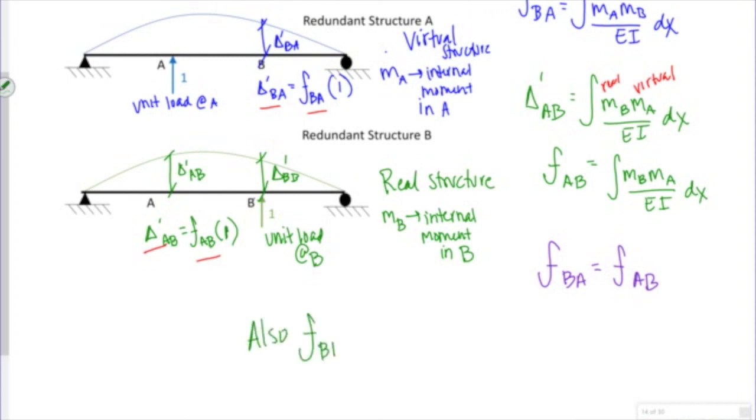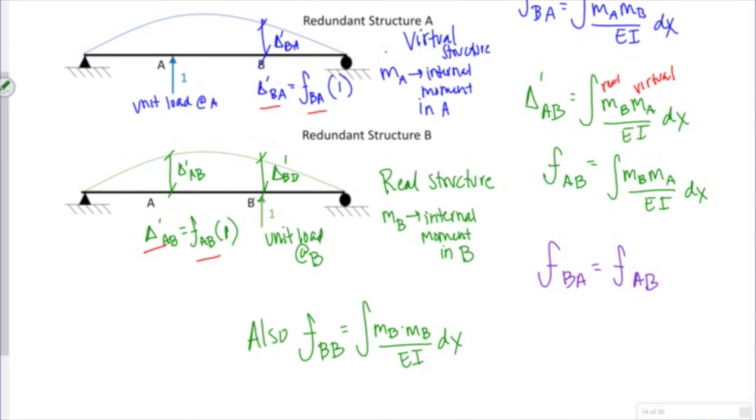Flexibility at B due to a unit load at B is equal to the integral MB times MB over EI. So you can just square the moment, take the integral to find the displacement or the flexibility coefficient. Okay?